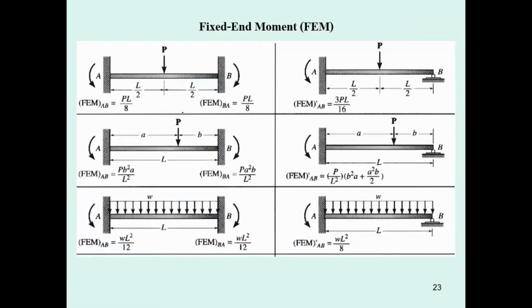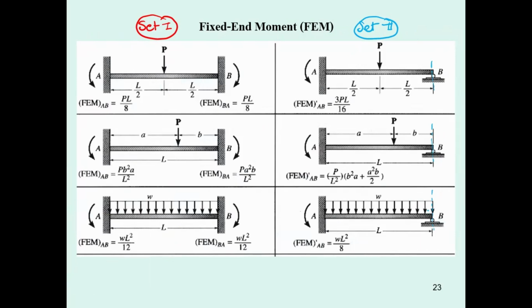The table is separated into two sides: this is for the set 1 equation and this is for the set 2 equation. What is the difference? The set 2 equation is for the beam having external pin and external roller.